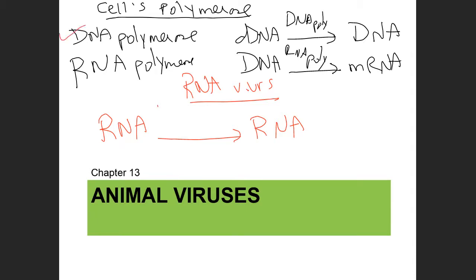Notice that neither of the cell's polymerases can do that. None of them can take RNA and copy it. They can take DNA and copy it. They can take DNA and make an RNA copy of it. Which means that RNA viruses need to carry their own polymerases.